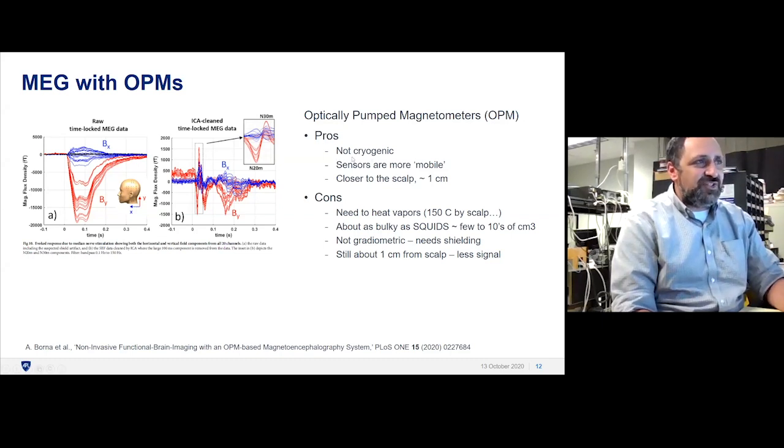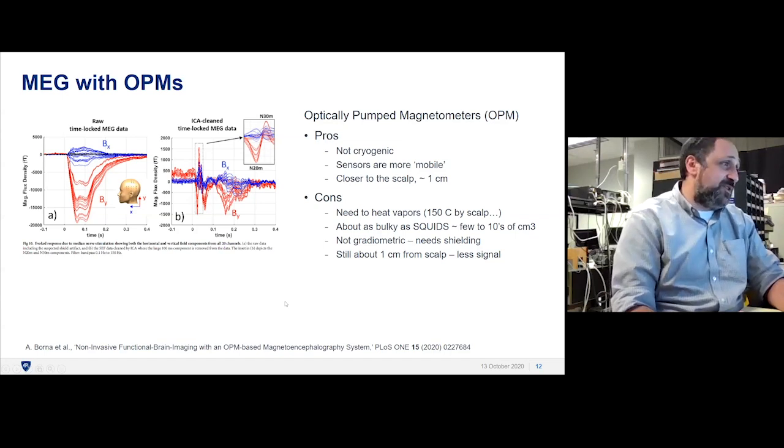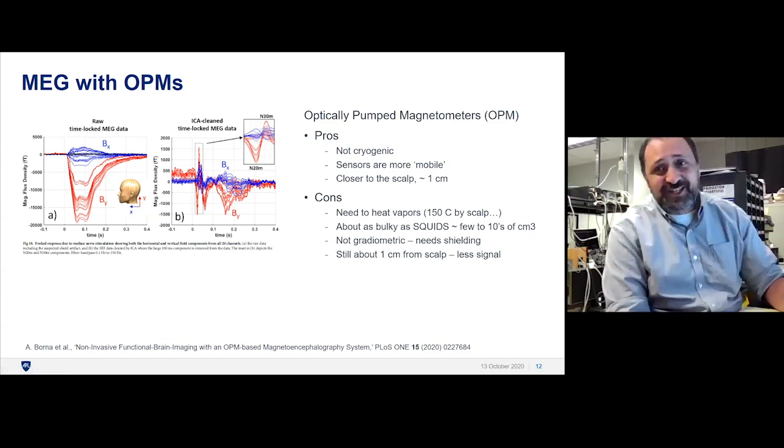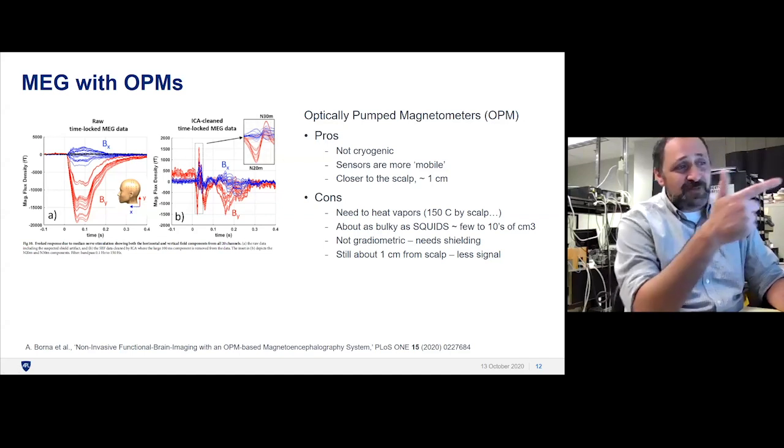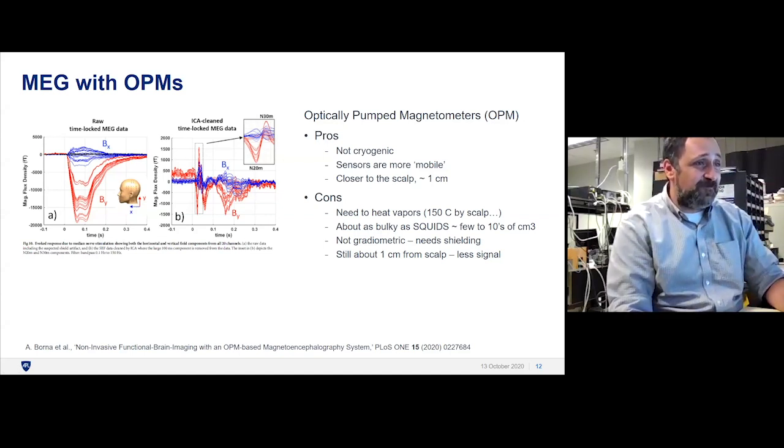There are many advantages since it's not cryogenic, SQUIDs are, and the sensors, you can bring them closer to the scalp. I actually saw a posting looking for a postdoc to work at NIH on building one of these systems for MEG. So that was kind of exciting to see that the system's being built locally. This data is from Sandia in California.